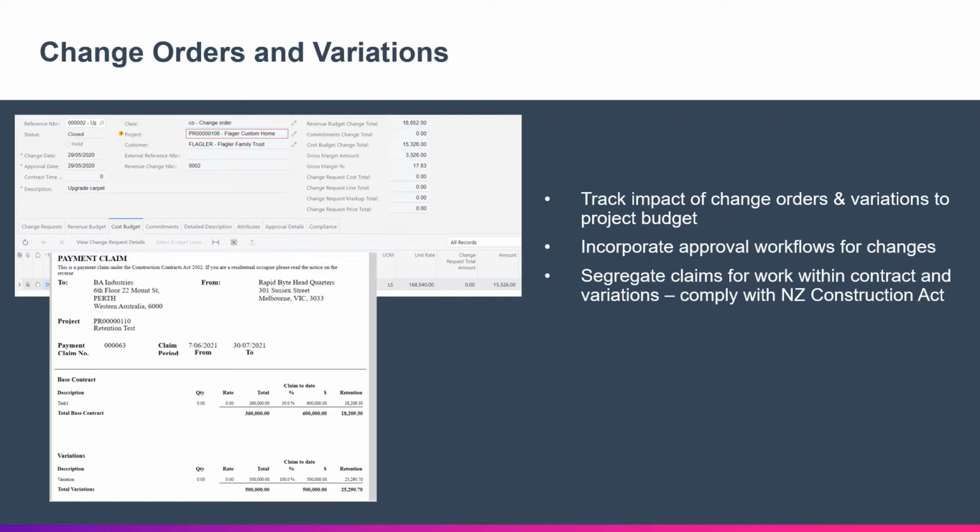Regardless of the cause, the system allows you to manage them with the original project, so you'd still be able to track their impact to the budgets that you've set and the overall profitability of the project. For greater control, you can also set up an approval process. This just ensures that any change that's made will be signed off by all the stakeholders before it takes effect.